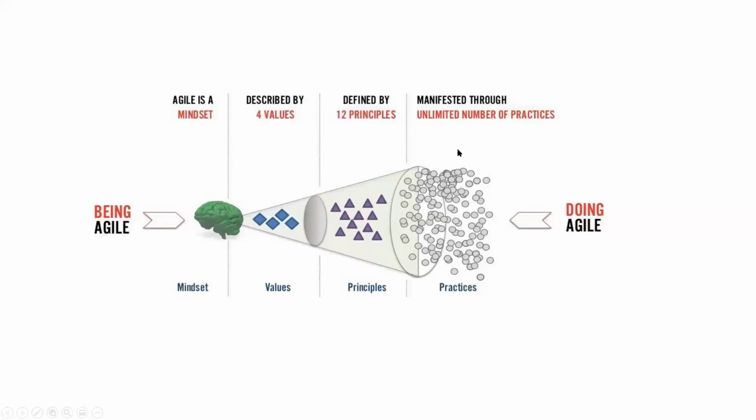Scrum is not going to be using all the 12 principles. So those values are under Scrum. They're the Scrum values, because Agile has an unlimited number of practices, and all the practices follow the 12 principles and 4 values. Are you getting it?